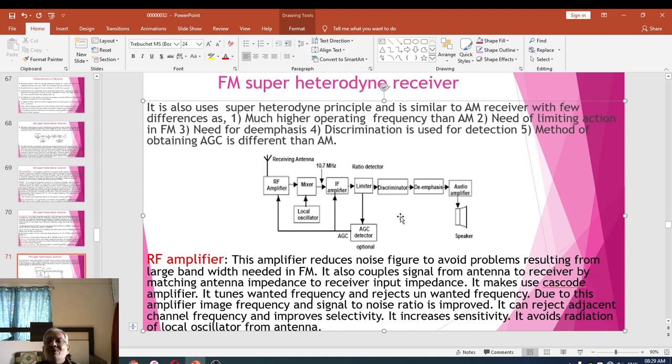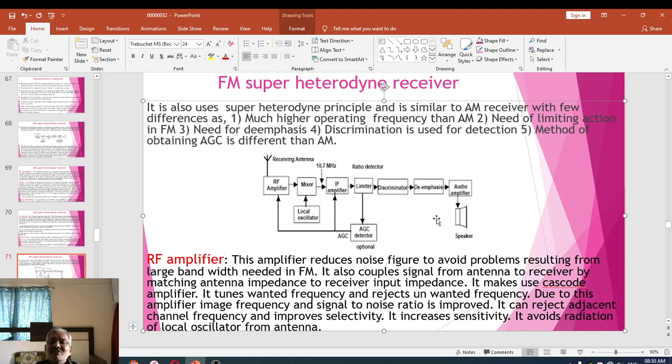So the detected audio information, in electrical signal form within the audio frequency range, is given to the de-emphasis. Friends, in the FM transmitter, after modulation, the signal is pre-emphasized, means the signal is compressed in the FM transmitter. Now in the FM receiver, it is de-emphasized, means it is expanded.